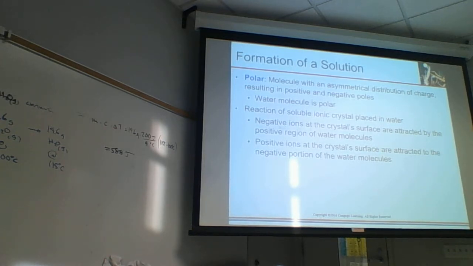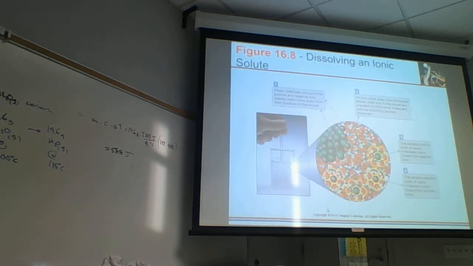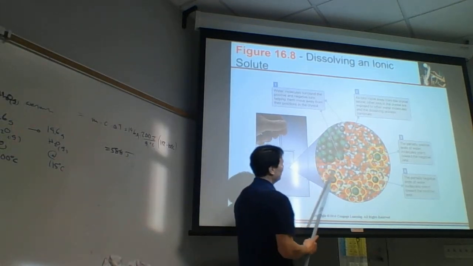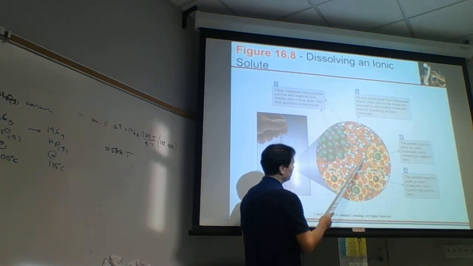Well, the chloride ions on the surface of the sodium chloride are going to be attracted to the positive parts of the water. In other words, the positive parts of the water are attracted to the negative ions. The negative parts of the water are attracted to the positive ions. So we could sum that up here. Here's the sodium chloride surface. A water molecule bumps in here and pulls the ion off.